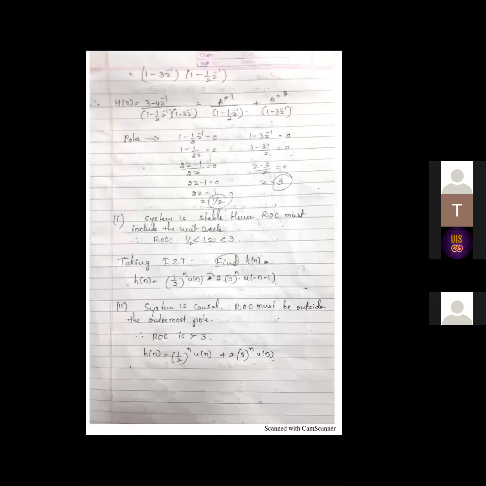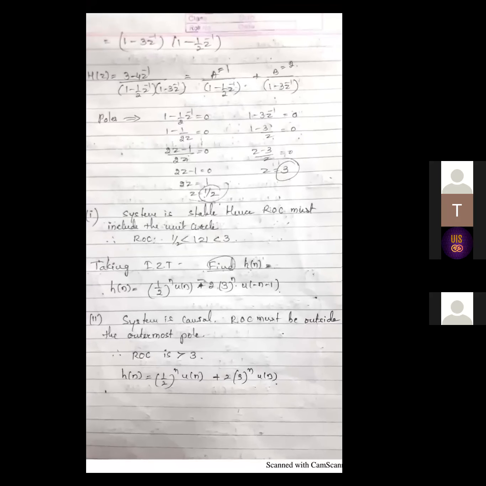Now, according to the given question, the first condition is for stability and the second one is for causality. We need to find both the ROC and h of n. First, the stability condition. Just now we have seen three conditions.